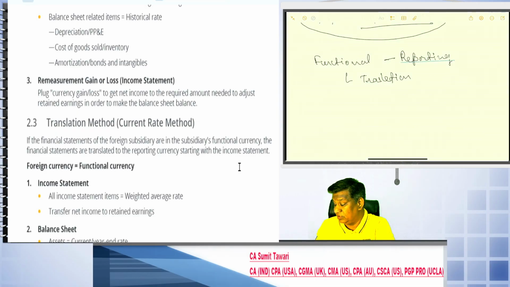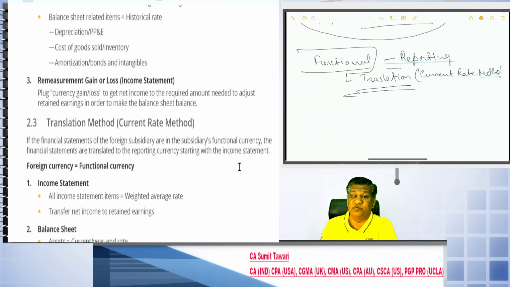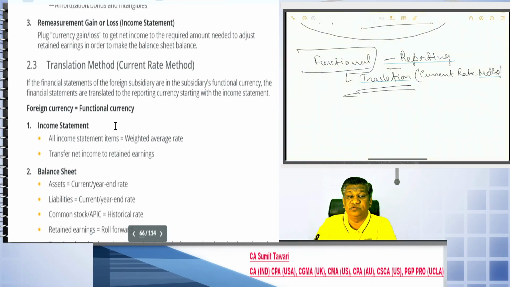For remeasurement, the second name is the temporal method. Here it is the current rate method. As we saw, if the local and functional currency are the same, then you need to do the translation. You do not require the remeasurement. So foreign currency equals functional; foreign currency means the local currency.